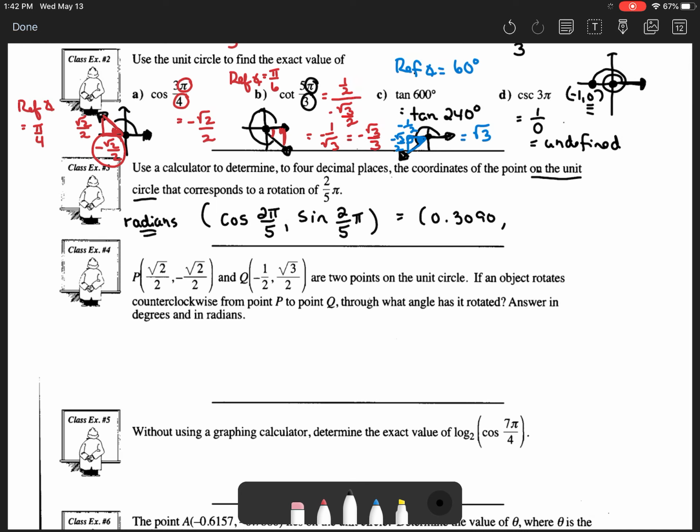So 2 pi divided by 5, and then sine of the answer. So this gives me a y dimension of 0.9511. And there you go. There's the coordinates on the unit circle with those dimensions. Again, what is important? Cosine is the x, sine is the y, and I know that because it says on the unit circle.